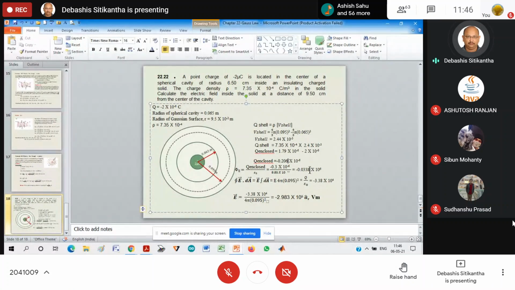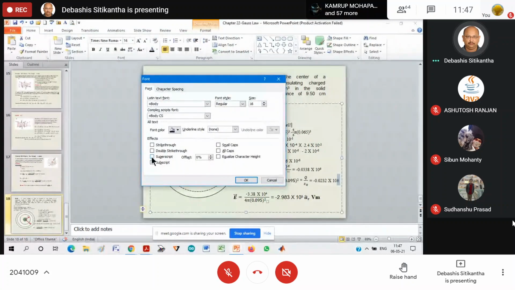Now this one is coming 0.0232 into 10 to the power 6. Please correct it. I am verifying it myself.